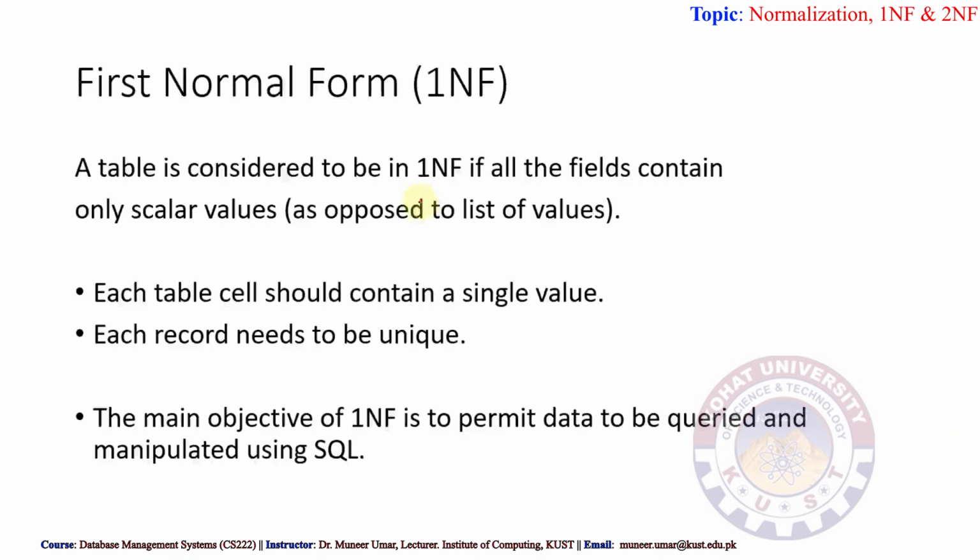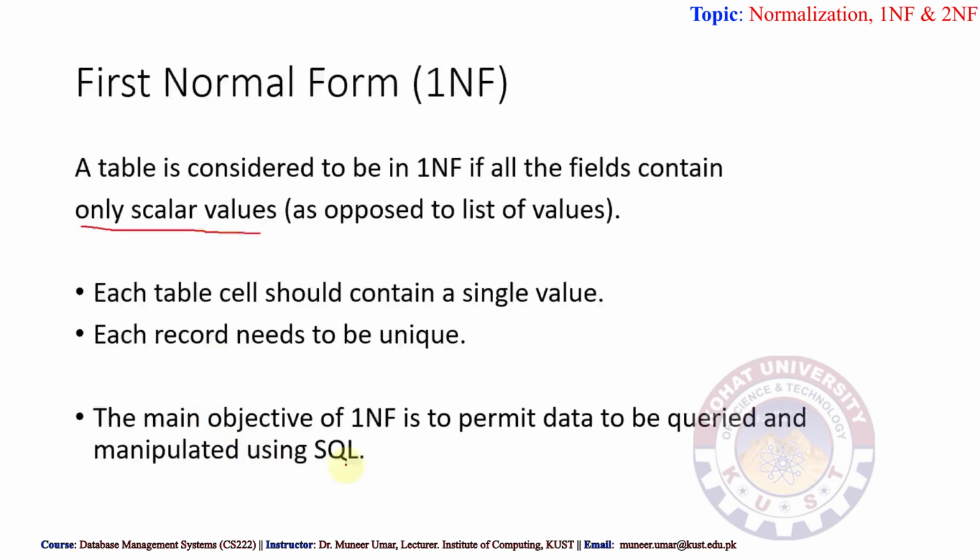So a table is considered to be in first normal form if only scalar values are present in all the fields, meaning there is no multi-value attribute, and the records need to be unique too. The main objective of first normal form is to permit the table to be queried and manipulated using SQL.